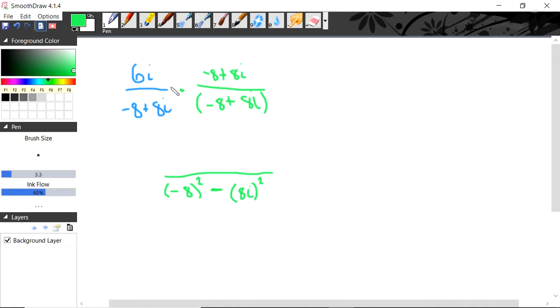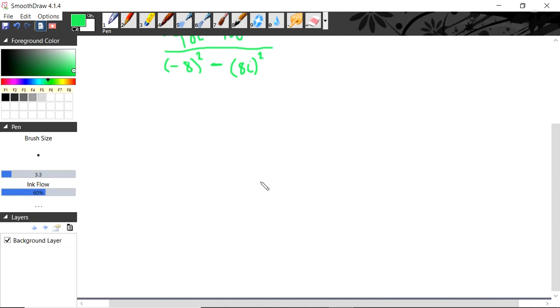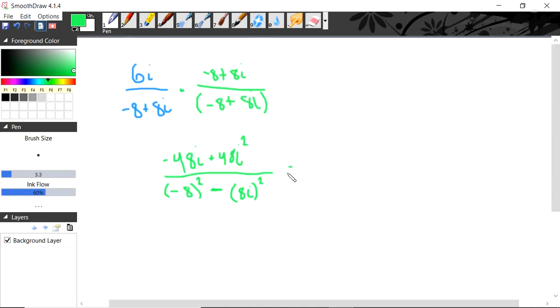So it's going to be 6 times negative 8, which is negative 48i. 6i times 8i was positive 48 i squared. Okay? So when we do the top, remember that becomes a negative 1, right? Okay, so negative 8 squared is 64.